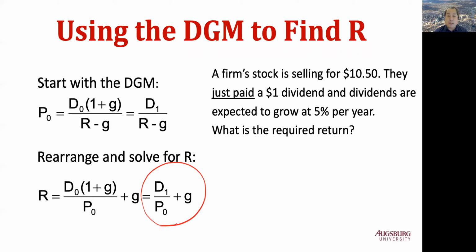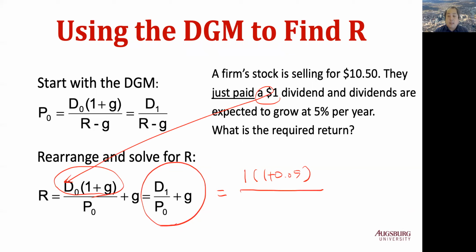Just use your formula, R equals D1 divided by P0 plus G. Since we only have D0 though, we can use D0 times 1 plus G, divided by P0, plus G, which is 1 times 1 plus 5%, the $1 dividend and 5% growth, divided by $10.50 current price plus 5% growth rate.